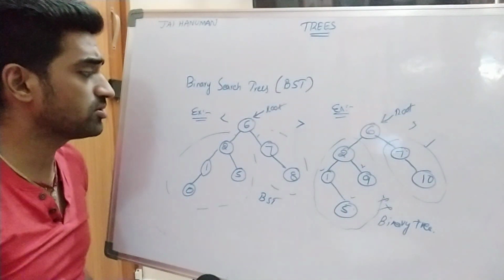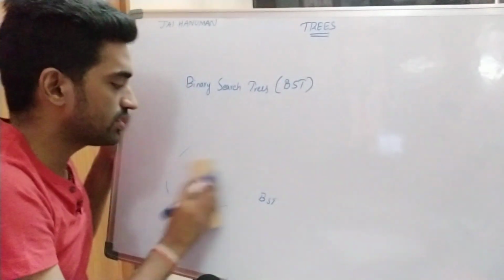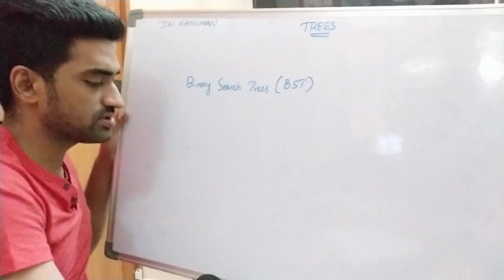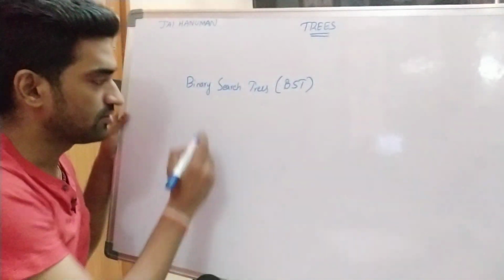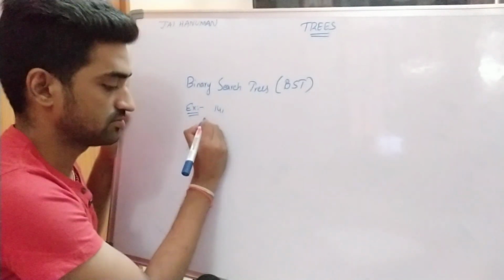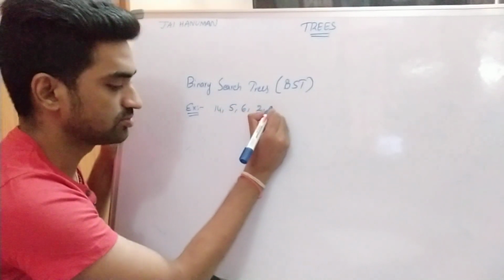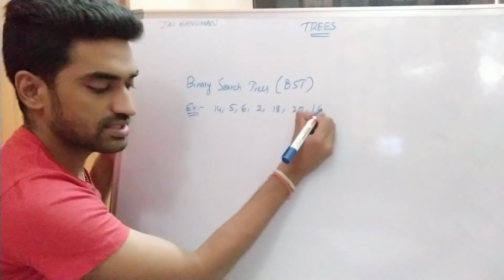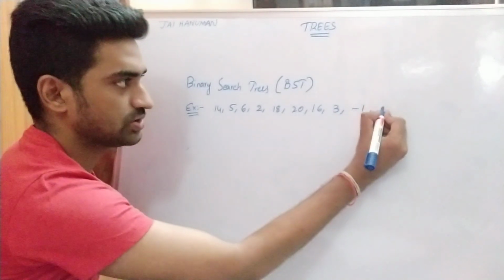Then we are discussing how to construct a binary search tree for given elements, right? So suppose here I am taking some elements: 14, 5, 6, 2, 18, 20, 16, 3, -1, 21.